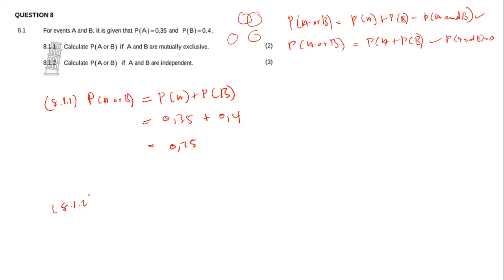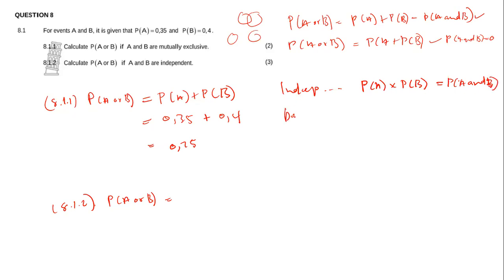Now 8.1.2. They want us again to calculate probability of A or B, but under which condition? Whereby A and B are independent. When events are independent, probability of A multiplied by probability of B will be equal to probability of A and B. This is for independent events.